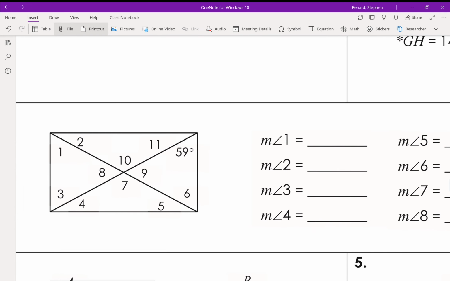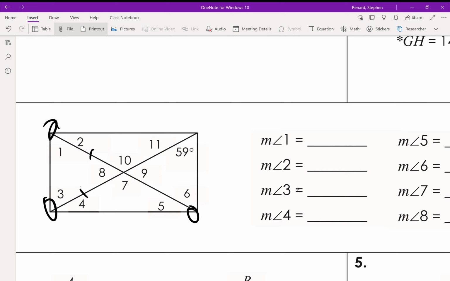Here, again, we know that these are 90. We know that these are the same, and we know that these are the same. Also, because we know that these all are the same, all of these now are isosceles triangles.